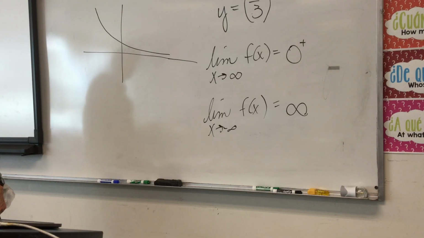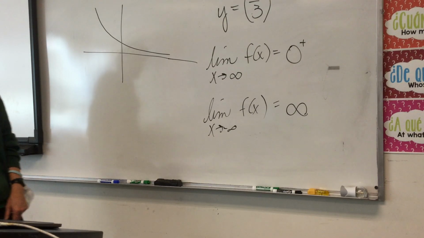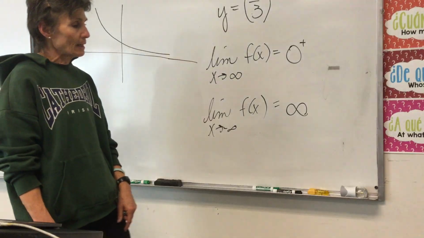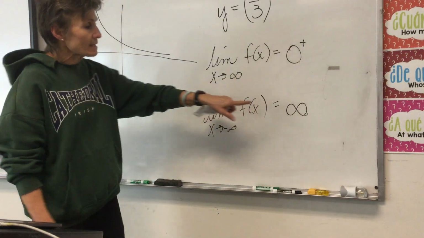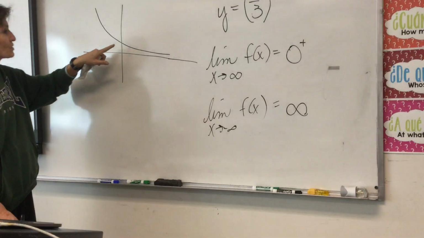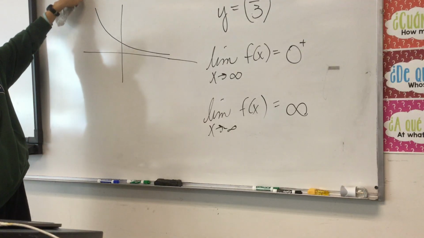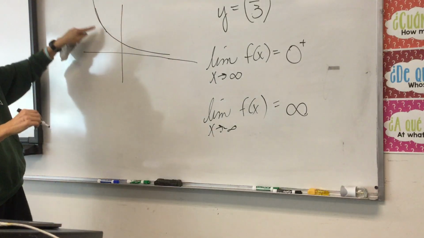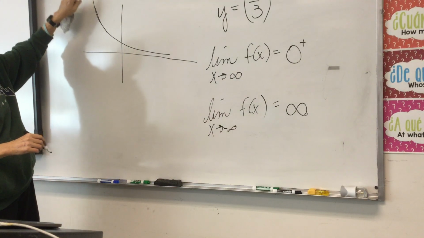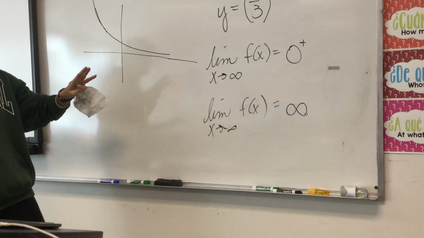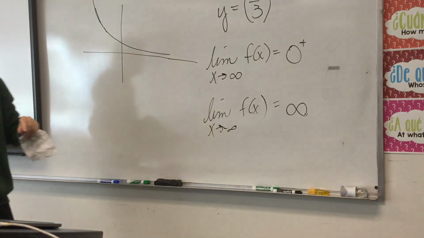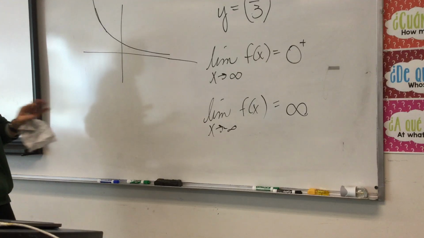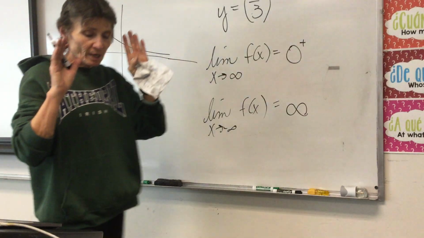So do we not put the negative sign on top of the infinity since it's from the left? Wait. This number describes what this curve is doing. Why would there be any negatives? What are these y values doing? It's going up. Period.